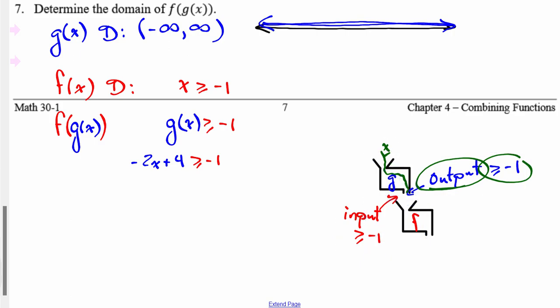Now I can come and solve this inequality. So -2x will be greater than or equal to, subtract 4 on both sides, -5. Dividing by -2, remember for an inequality, when I divide by a negative, that inequality switches directions. So it becomes a less than or equal to. So x is less than or equal to +5/2.